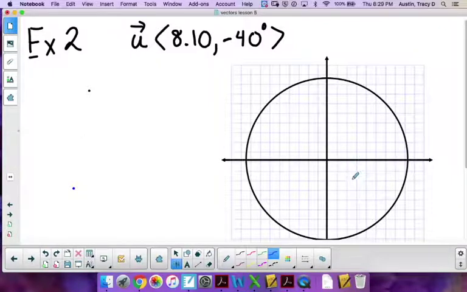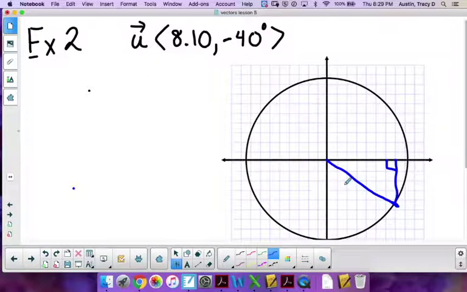If you're going negative, remember that means you're going clockwise. So down from the starting point. Okay, so this is about 45, so 40 would probably be about here. Again, just use it as a reference point. That way we can make our right triangle.